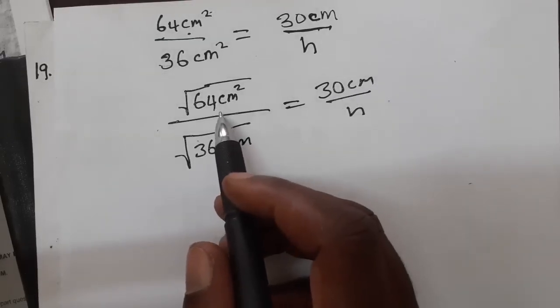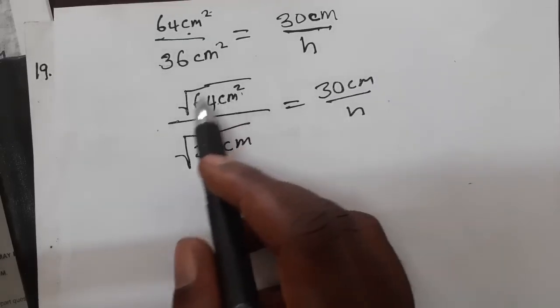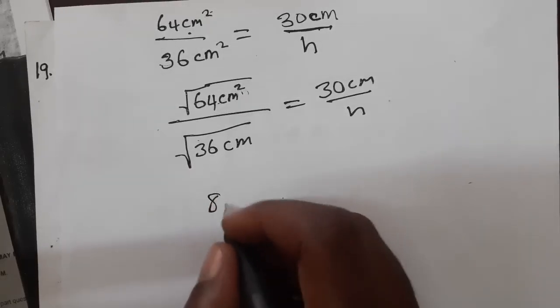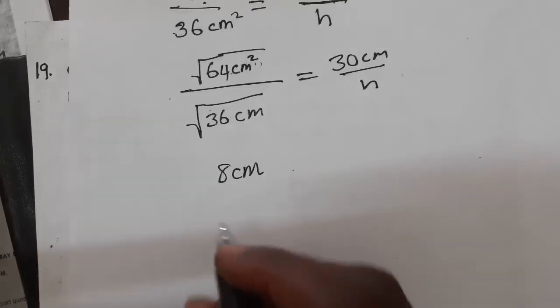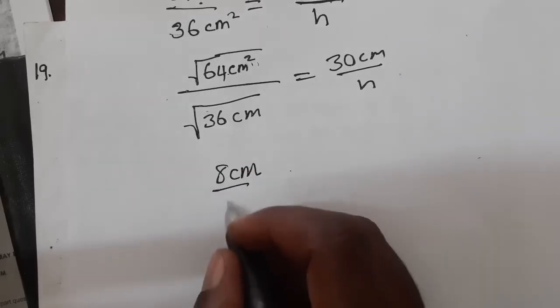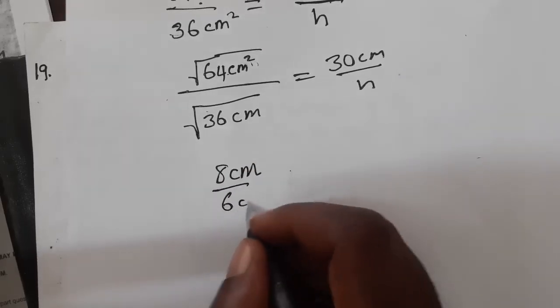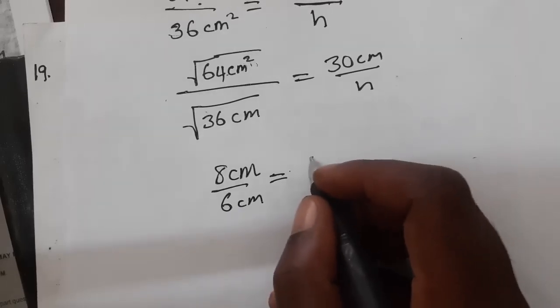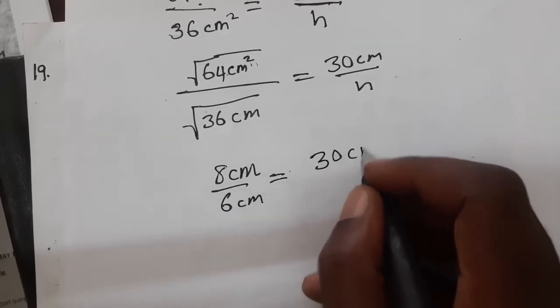So what are we going to get here? This is going to give us 8 centimeters. This other one is going to give us 6 centimeters. And then this side, we have 30 centimeters over h.